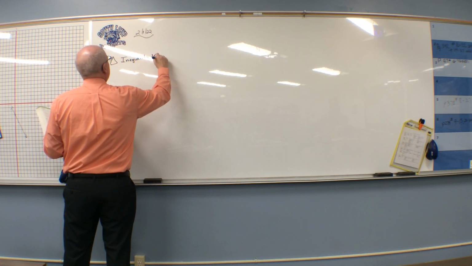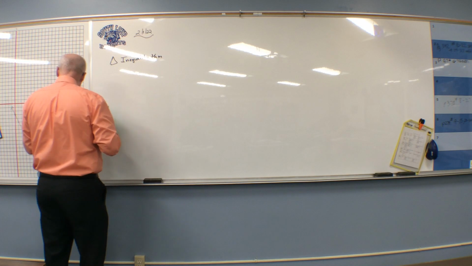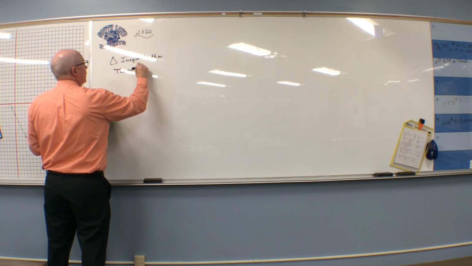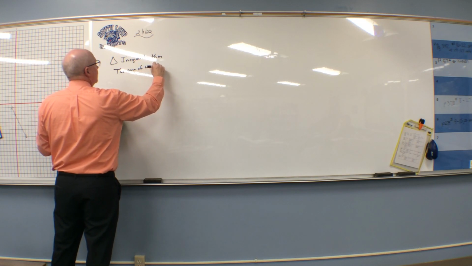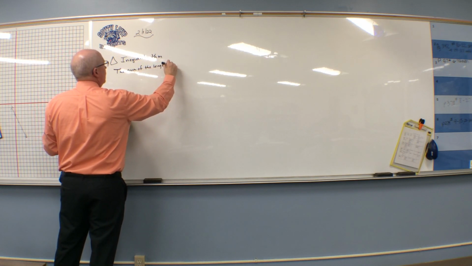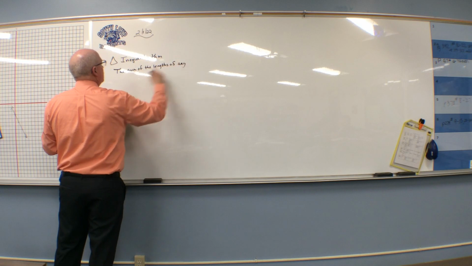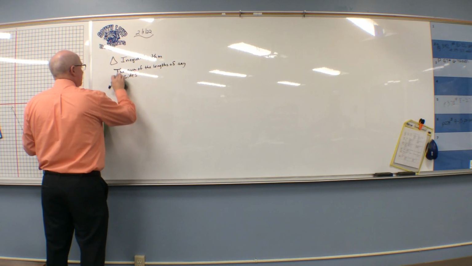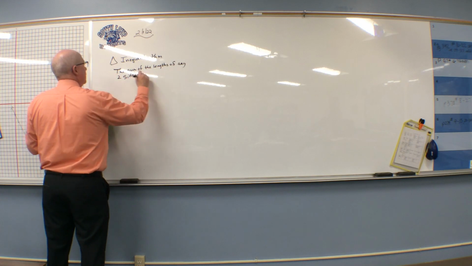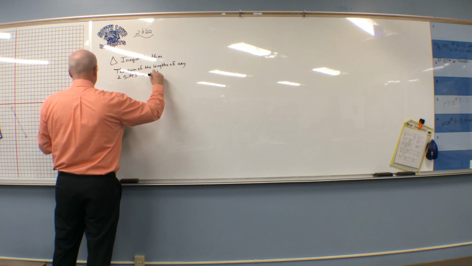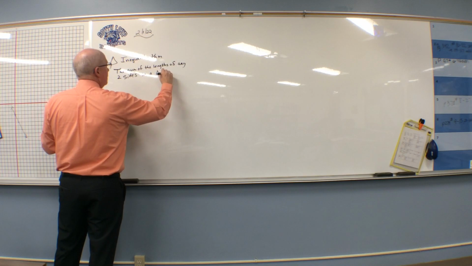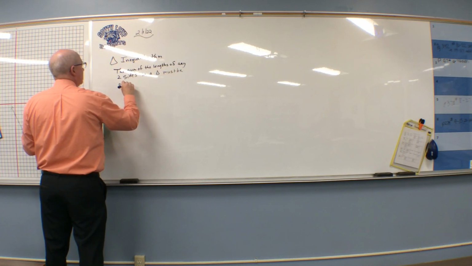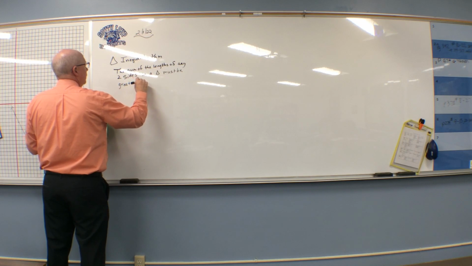The triangle inequality theorem says the sum of the lengths of any two sides in a triangle must be greater than the third side.